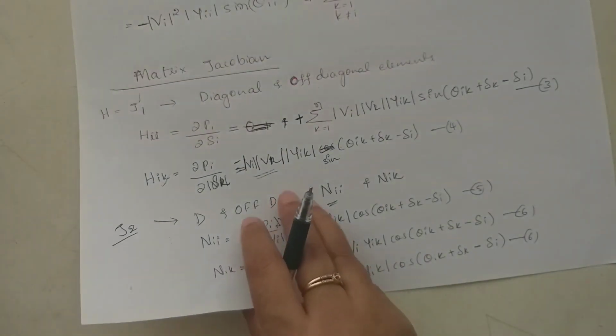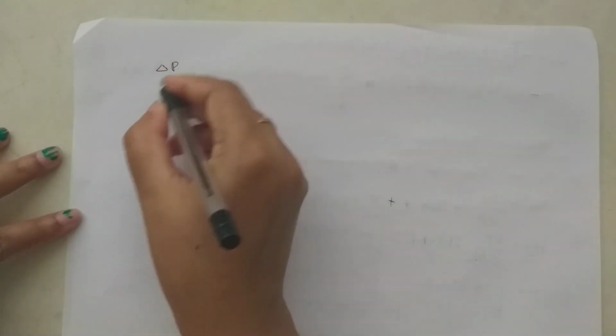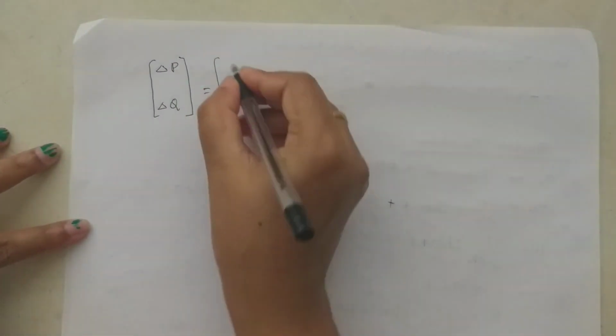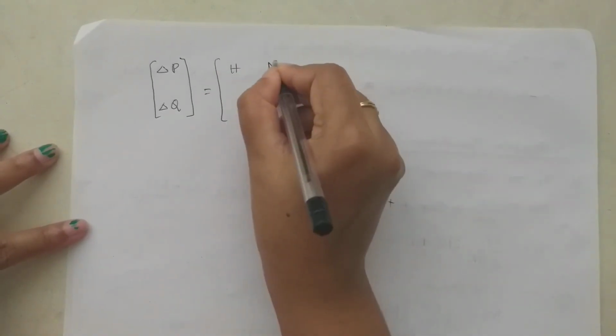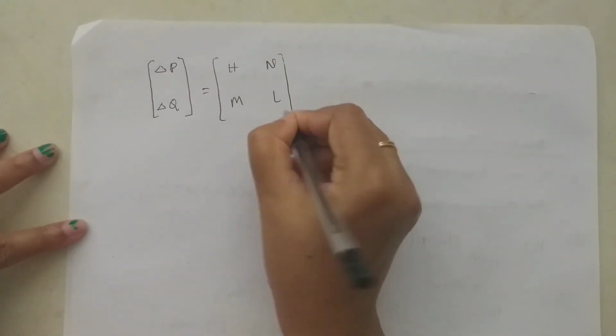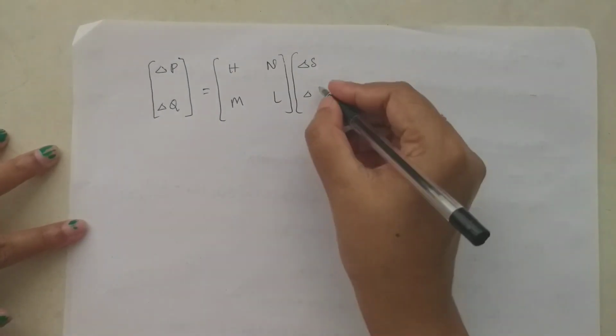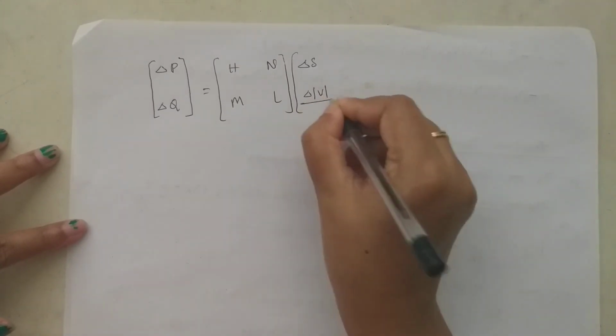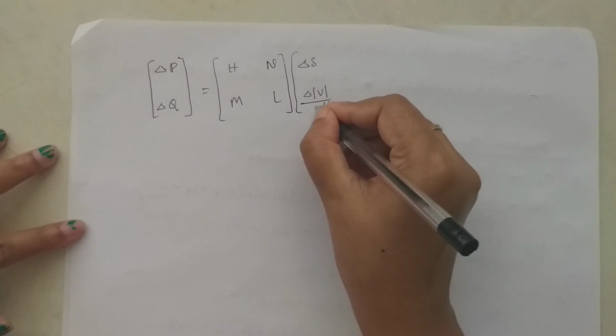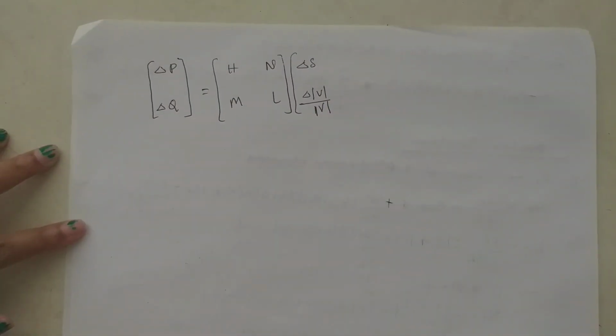Therefore, the linearized form of the Jacobian matrix can be written like this: delta P, delta Q equals the J1, J2, J3, J4 or H, N, M, L matrix times delta delta and delta V. Everywhere we had multiplied by V, so we have to divide by V here and here.